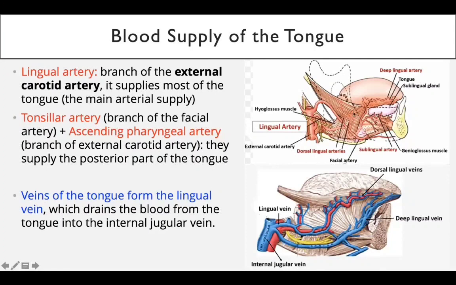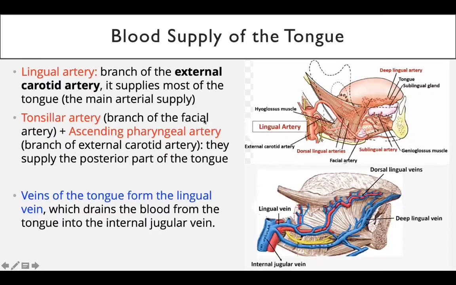And because it's the ascending part, the superior part of the pharynx, we also have the ascending pharyngeal artery. So how to remember the blood supply of the tongue? The lingual artery, the tonsillar artery, the ascending pharyngeal artery. You need to remember this for the exam.